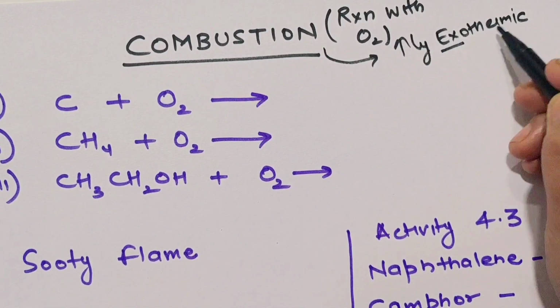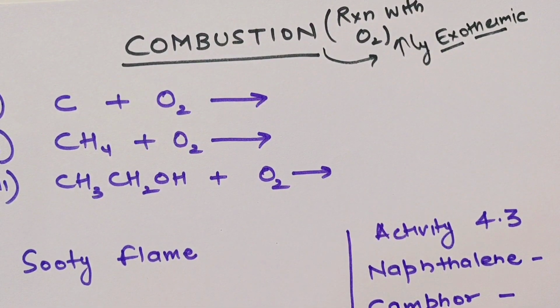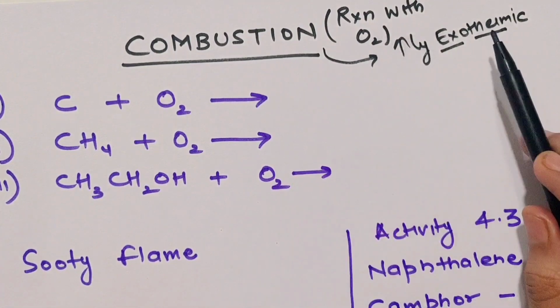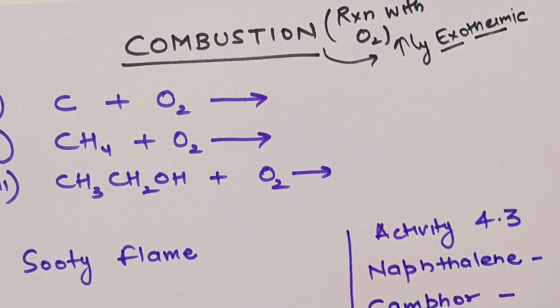Exo means out, therm means heat, which is a form of energy. So exothermic is any kind of reaction which liberates energy, which gives out energy. Could be in the form of heat, could be in form of light also, right? So this reaction, combustion reaction, is always highly exothermic.